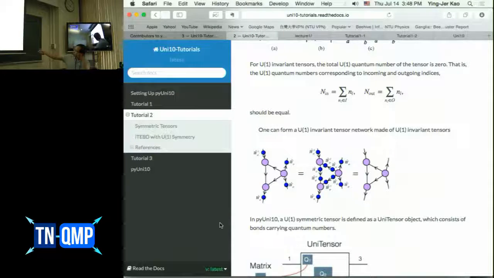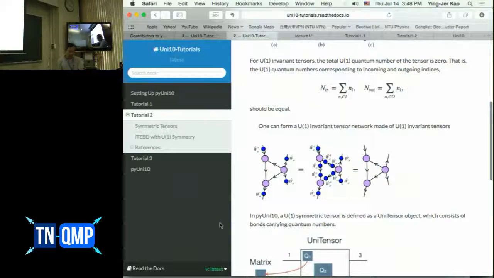And using this tensor symmetry condition, you get an invariant tensor network. Okay, so this is the idea. In principle, this can be any group element.